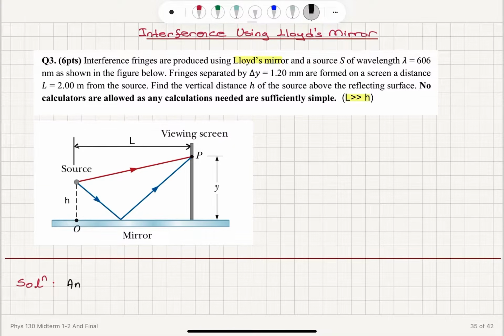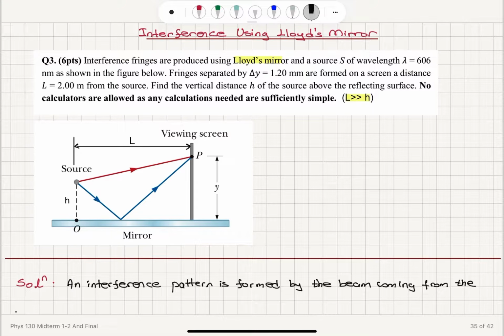An interference pattern is formed by the beam coming from the real source S and the virtual source S prime. So where is the virtual source?